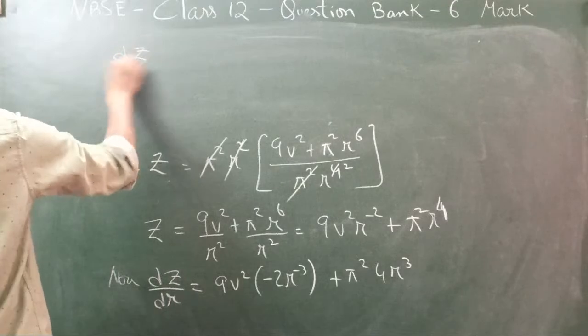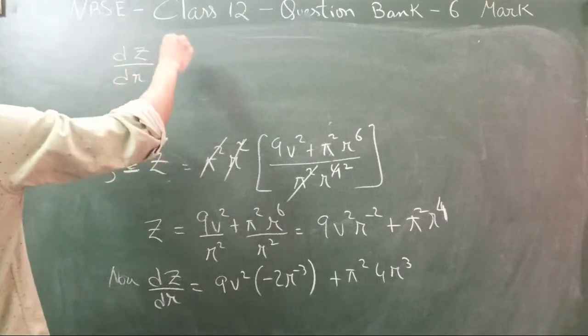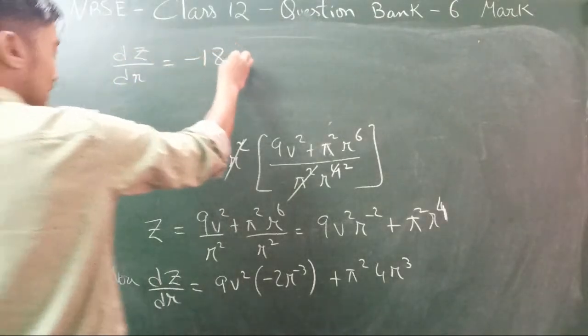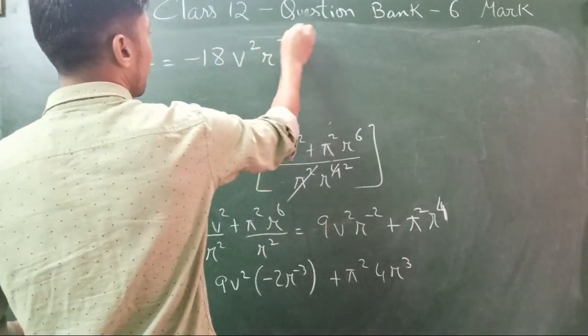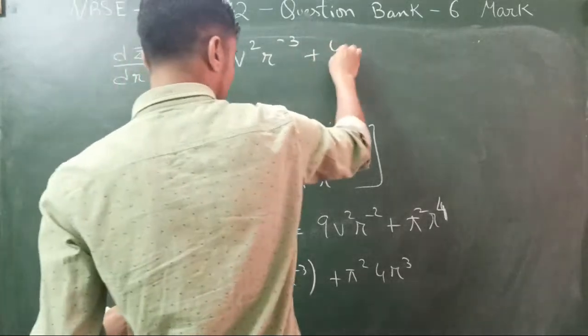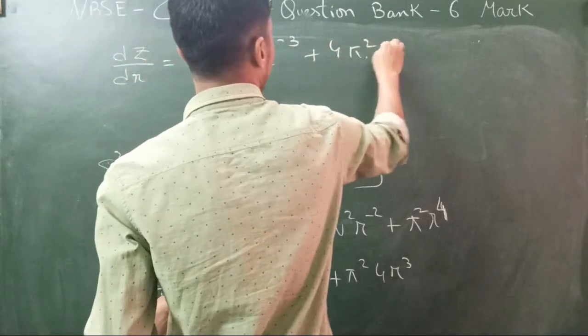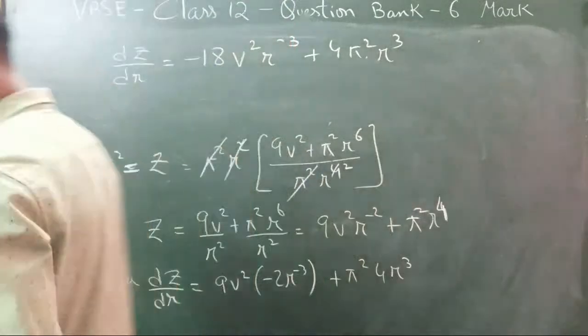So dz by dr is going to be equal to minus 18 b square r power minus 3 plus 4 pi square r cube.